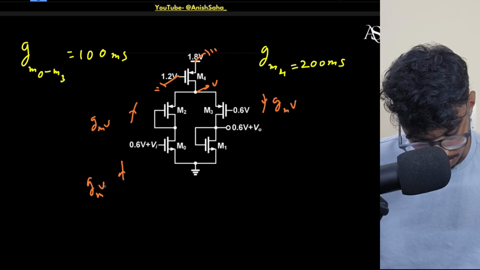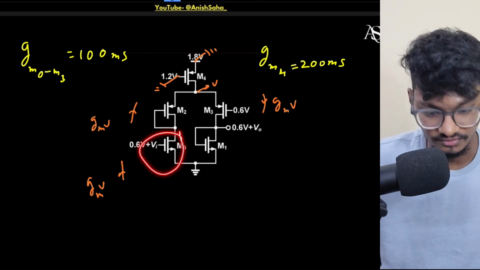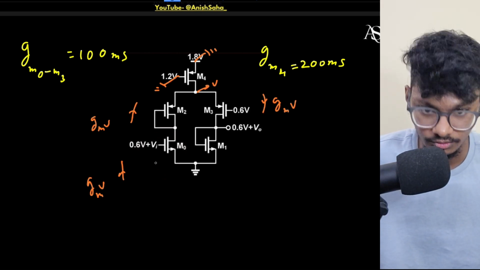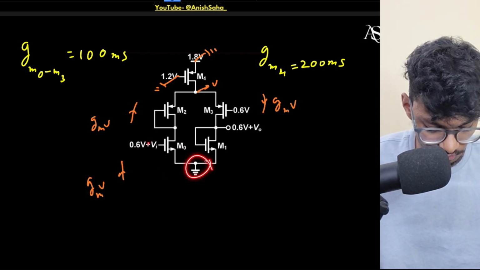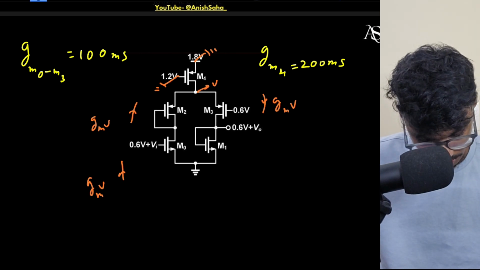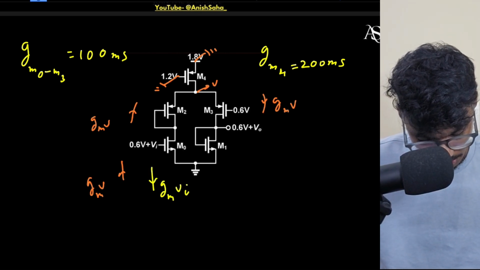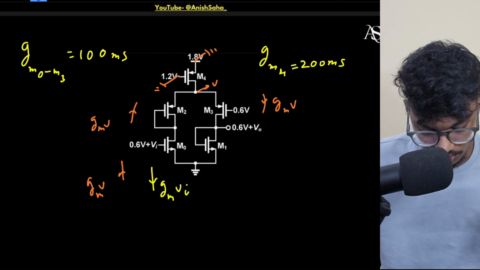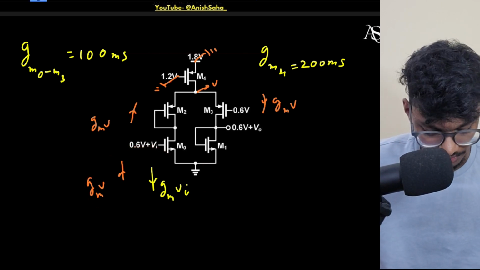But what do I know? I know the equations of this MOSFET, right? So if I write the current equation for this MOSFET, it will be GM times VGS, and VGS is VI because this node is grounded. So here it is telling me the current is along this side, that is GM times VI. So what is happening, they are both in opposite direction, so you can equate those two.